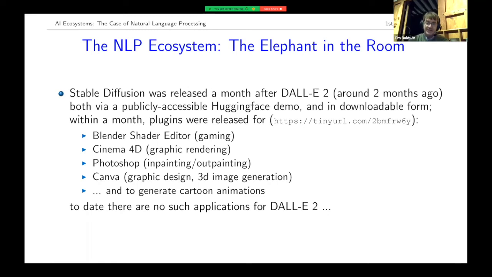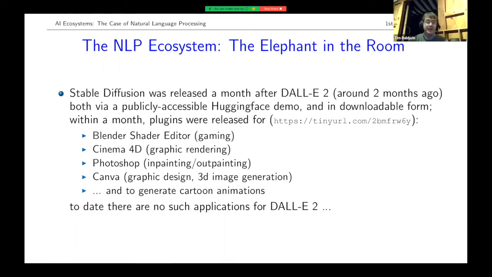What's happened since it was released, though, is remarkable, in that all sorts of applications have been developed in a very short time: for Blender, for example, in terms of a shader editor for gaming purposes, for Cinema 4D in terms of some photorealistic graphical rendering, for Photoshop, for in-painting and out-painting, for Canva, for graphic design purposes and various other things.